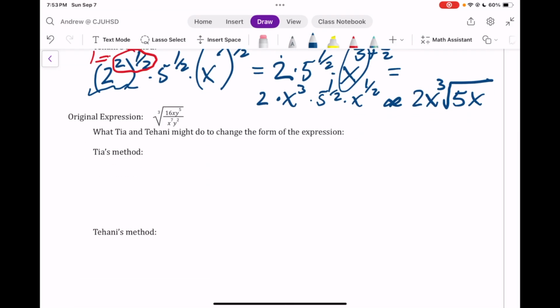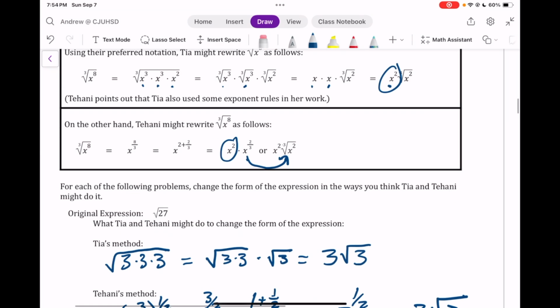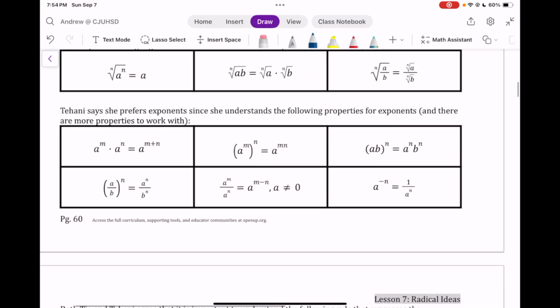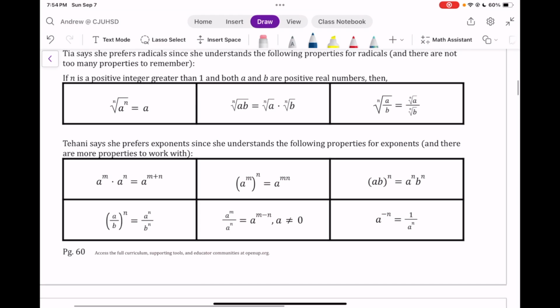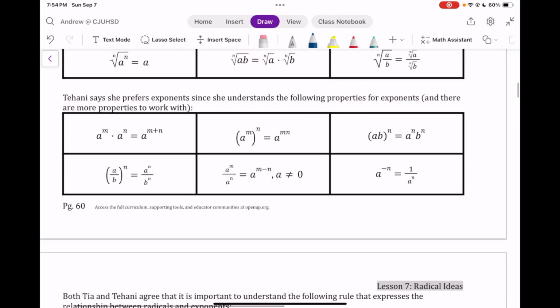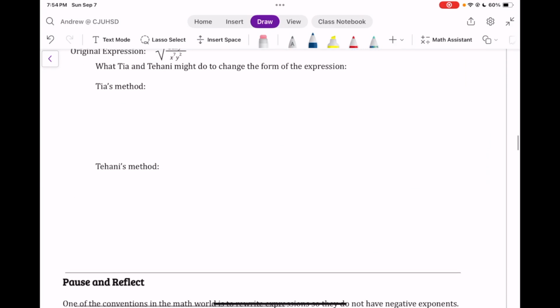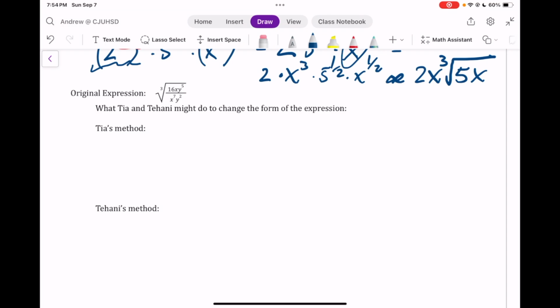All right, now we're talking about a cube root. We've got fractions all over the place. Tia's method, let's see, what would she do with exponent rules? Remember back here, we said that Tehani prefers exponent rules, and Tia prefers radicals. So, right back here, Tia is thinking probably in terms of, okay, if I have 16, that's 2 to the 4th power.